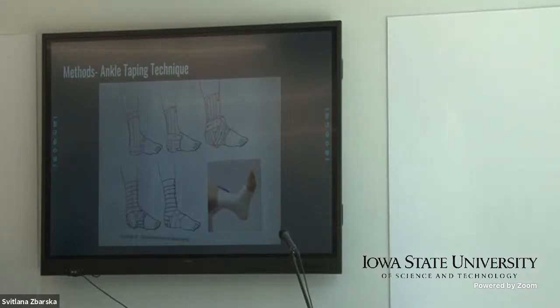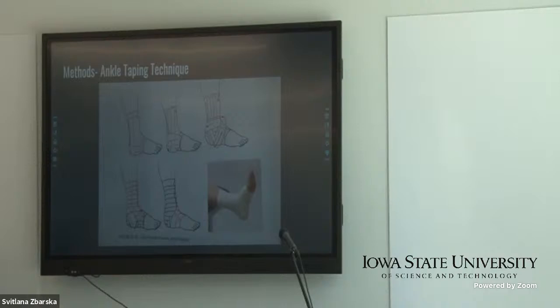So I'm going to talk a little bit about the methods. First of all, we had participants start out with just a light warm-up jog on the treadmill for about 5 minutes, and then do a standardized 10-minute warm-up consisting of some stretches, just to raise the heart rate a little bit. And then we had participants' dominant ankles taped using this strategy right here, which is referred to as the closed basket weave ankle taping technique.